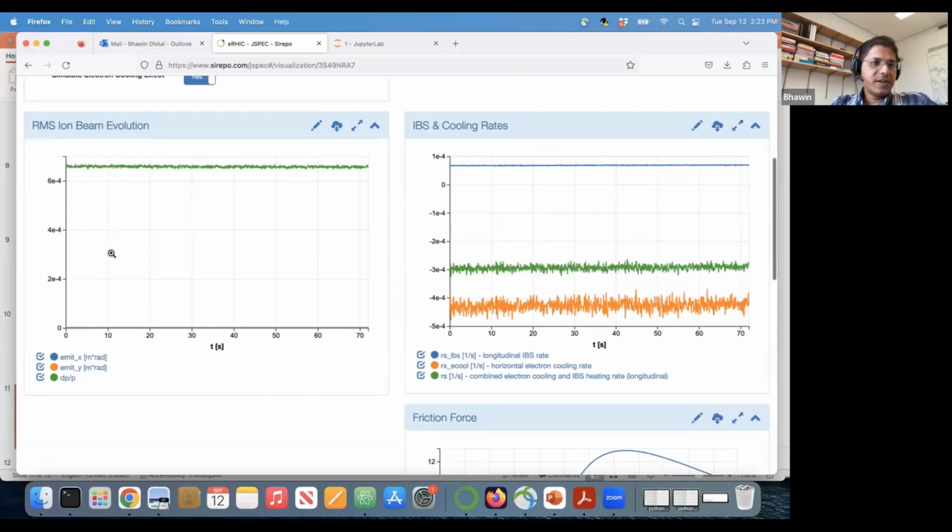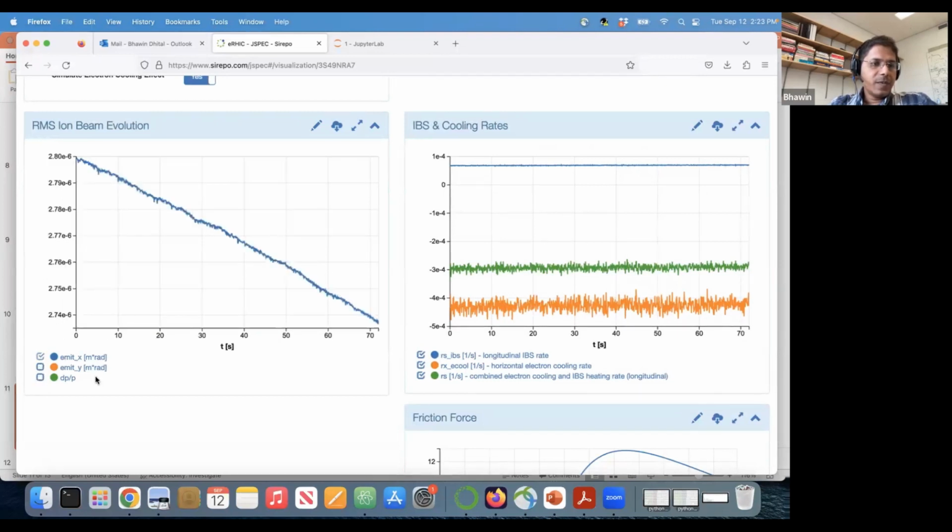The first picture shows how the ion beam emittance evolves during the cooling interaction. I'm just clicking on the horizontal emittance, which started at 2.8 micron. You can see there is a decrease in the horizontal emittance, not much, but it is decreasing, starting from 2.8 and going down to 2.74 during that simulation time of 72 seconds.